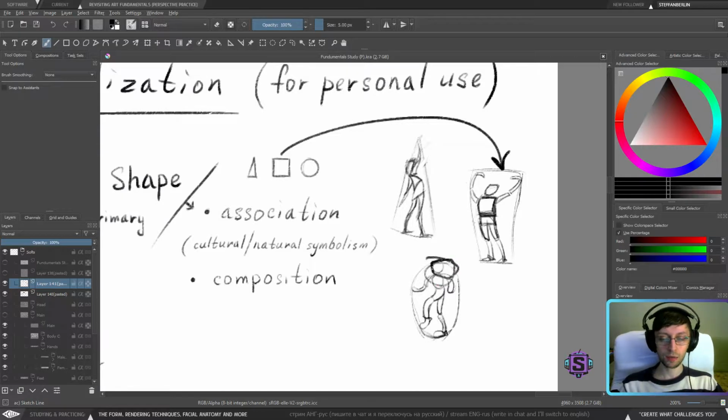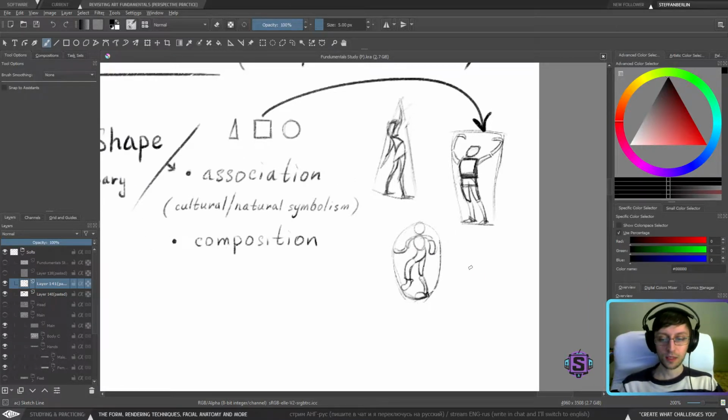Again, the same could work for a person that we could trust, a person created from unharmful parts. Again, this is super exaggerated. Ideally, we have to find a way to make them a little bit more realistic, create a little bit more recognizable silhouettes, and etc. By the way, recognizable silhouettes will work with symbolism.